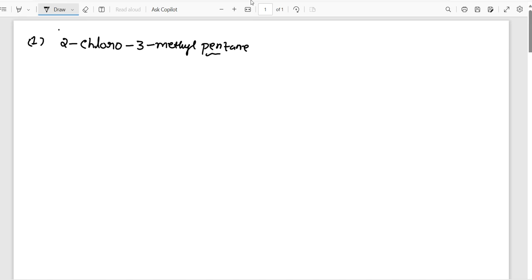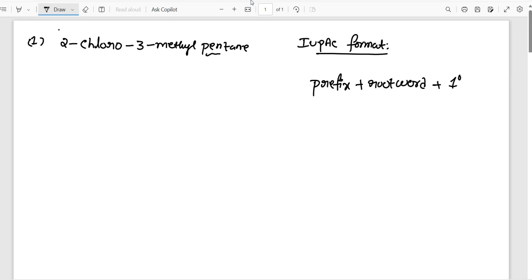We know that in the IUPAC format, we have prefix plus root word plus primary suffix plus secondary suffix. If you want to name a given organic compound, we use this IUPAC format. But when they give an IUPAC name and you have to write the structure, we start from the root word.